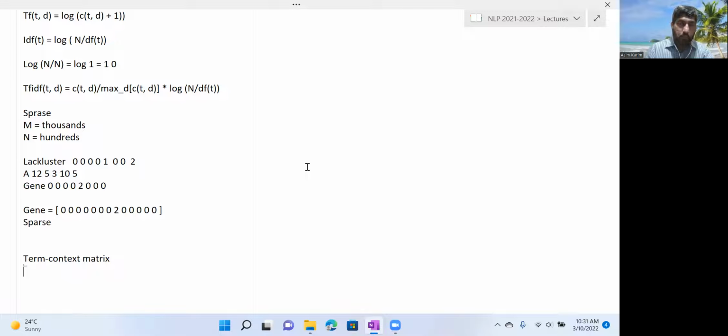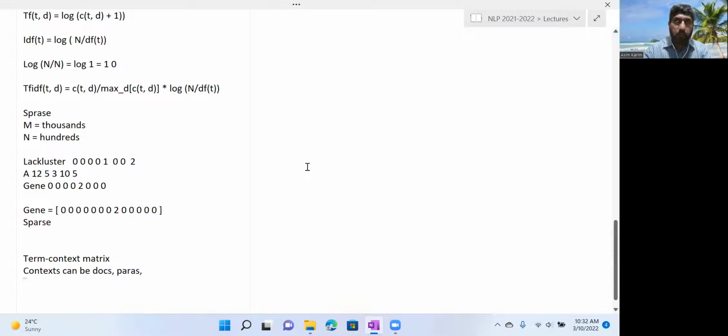If we think about the previous representation, where we had term-document, the document was our context. So in that sense, term-document is also an example of a term-context matrix, where a whole document is the context of a given word. But usually, especially for vector semantics, we will think about contexts of smaller sizes, not whole documents. So context can in general be docs, of course.